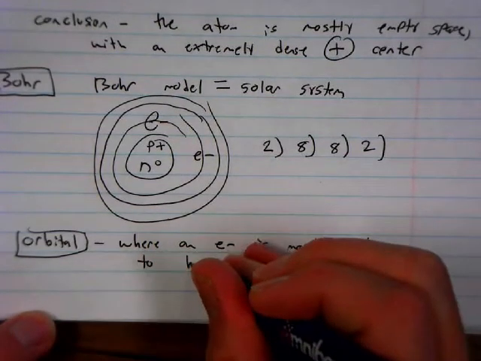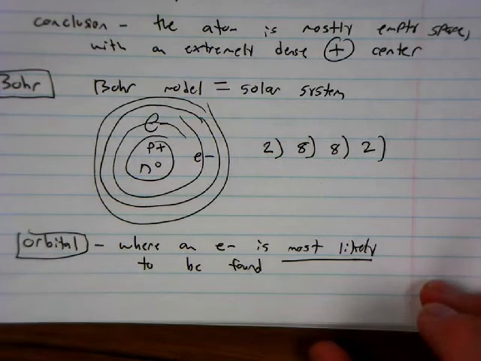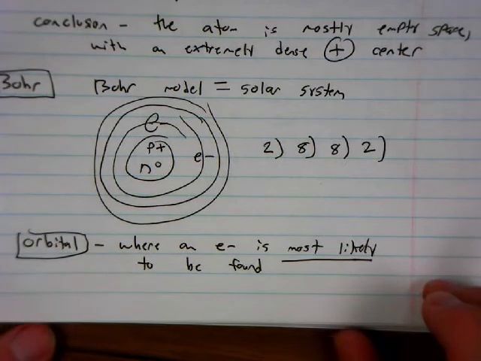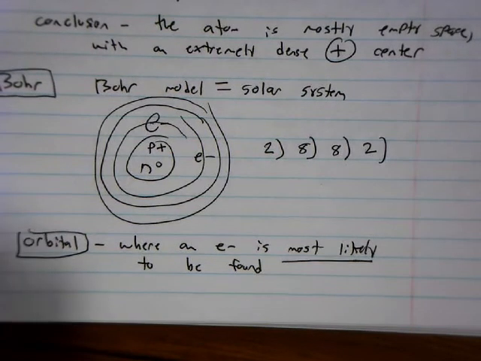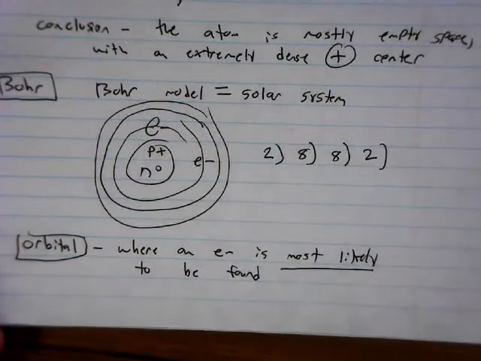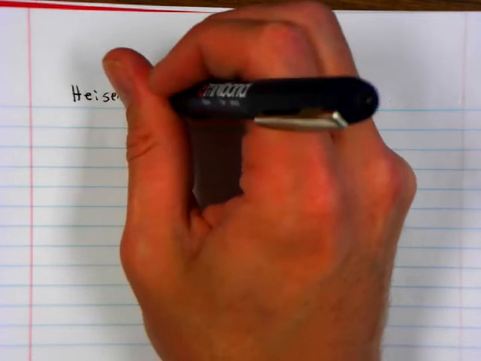So underline most likely, because it's really, really difficult to find the actual location of an electron. You guys can pause if you need to copy that down, but I'm going to keep moving. It's so hard to find the location of an electron.